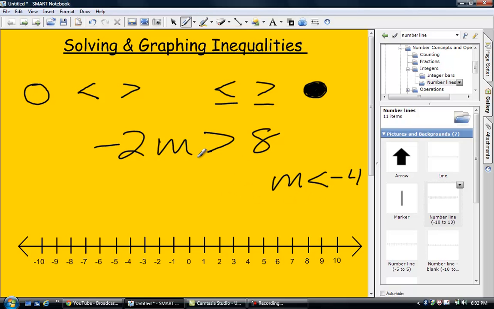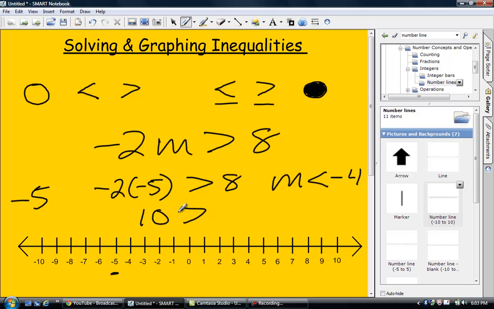We're saying that our answer m has to be less than negative 4 in order for this inequality to make sense. Well, let's choose a number that's less than negative 4. How about if we choose negative 5? That's less than negative 4, as the number line demonstrates. So we're going to do negative 2 times negative 5. Is that greater than 8? I do believe so, because negative 2 times negative 5 is 10, and that is greater than 8.